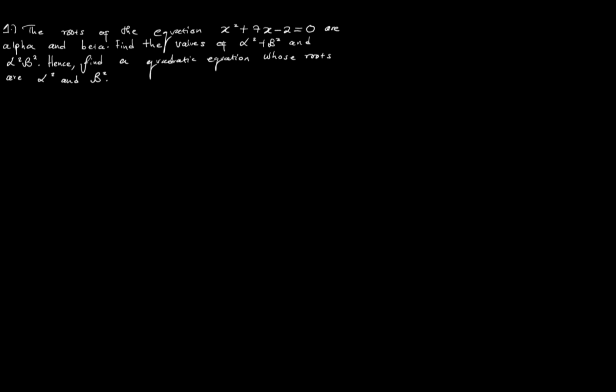All right, so we'll start by finding what they want us to find. Let's find alpha squared plus beta squared. But before finding that, we need to remember something. We have the quadratic equation x squared plus 7x minus 2 is equal to 0.